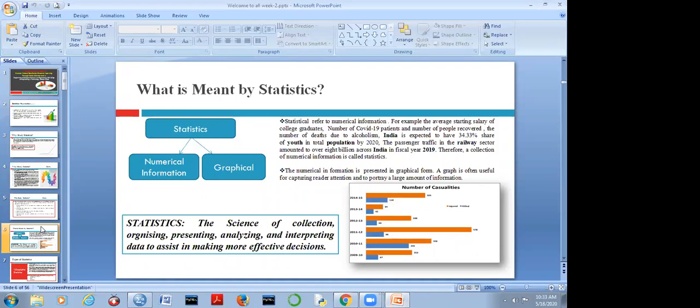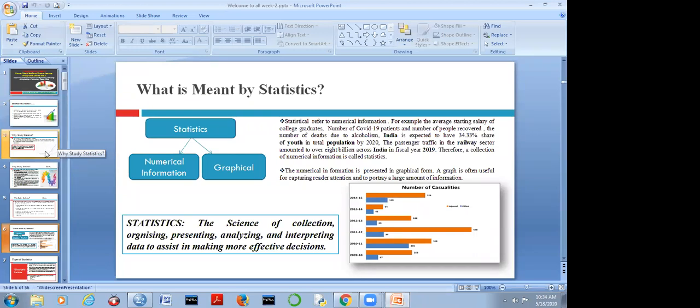Now we'll come to what is meant by statistics, the definition of statistics. This is a very important part. In general, statistics applies in two types. One, if you have numerical information, that is part of statistics. If you have graphical information, that is also part of statistics. I gave one example, COVID-19, the information from January to May, and parallelly there is a graph, with an x-axis and y-axis, which is a graphical representation.